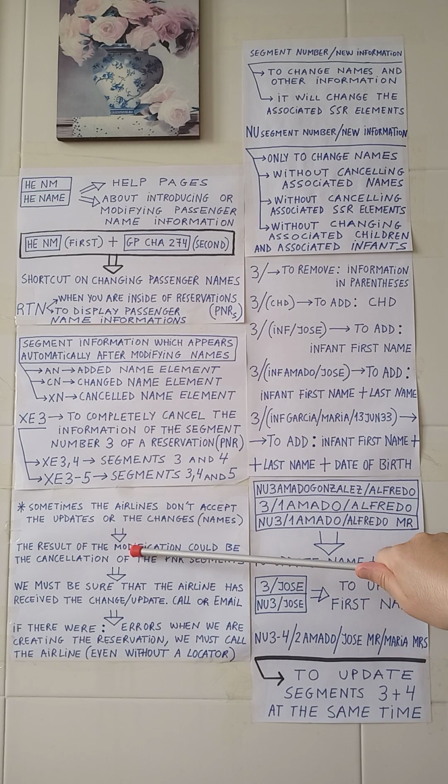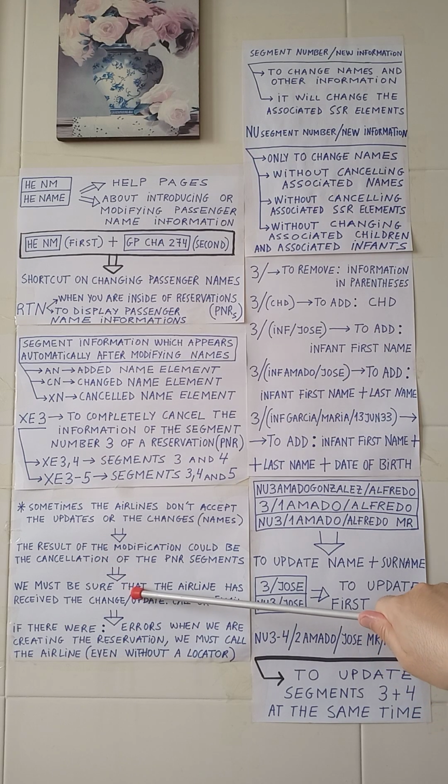The result of a name modification can be the cancellation of the segments of the reservation that are affected. Airlines are authorized to automatically cancel those segments of the PNR. We must ensure that the airline has received the change or update of the passenger names. Therefore, we can make a phone call or send an email.